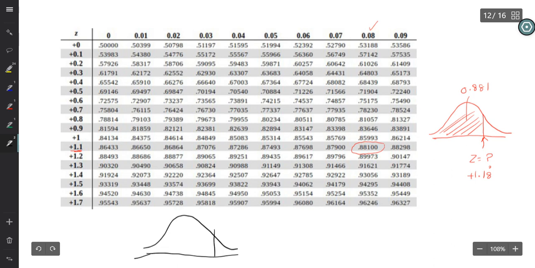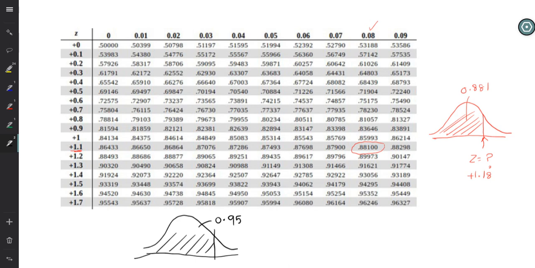Okay, so my area to the left is, let's say, 0.95. What is the Z score?